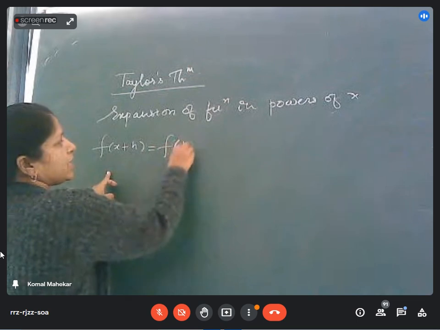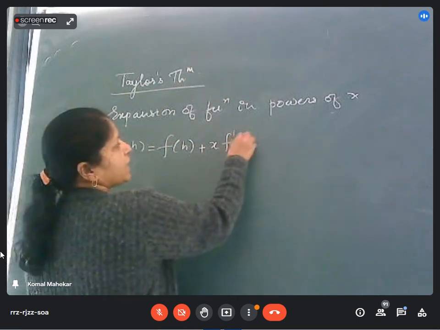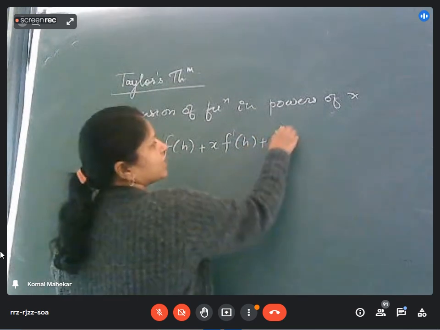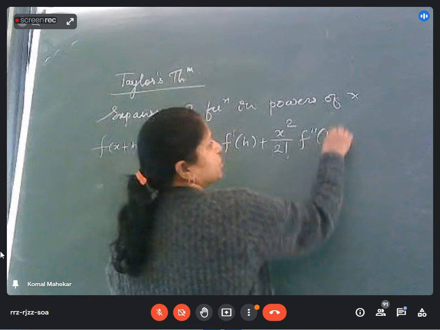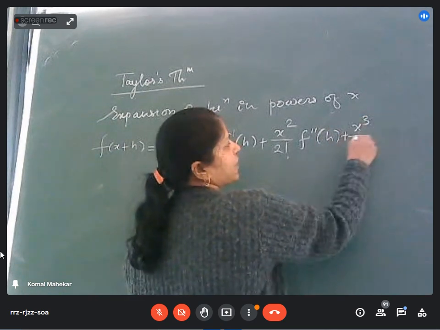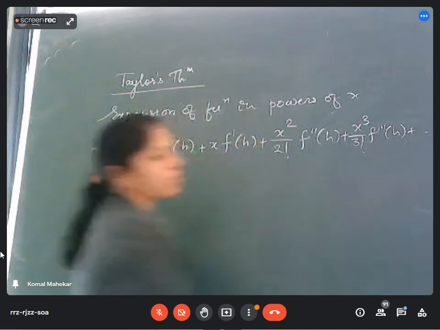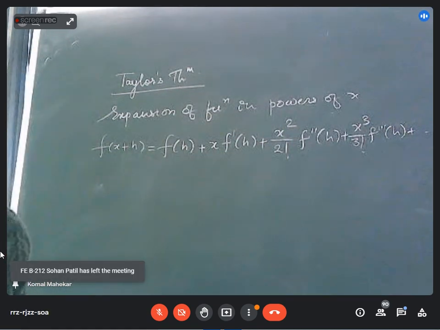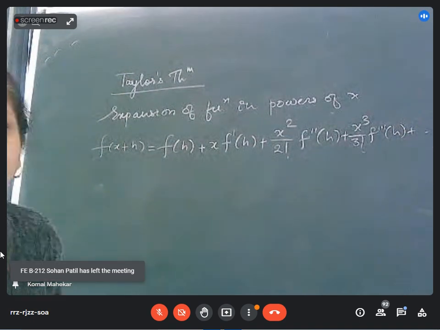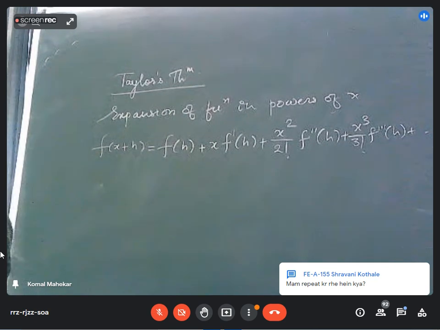Its first term is f of h plus x into f dash of h plus x square by 2 factorial f double dash of h plus x cube by 3 factorial f triple dash of h plus so on. Okay. So here, using this formula, you can find out the expansion of the function in power of x.